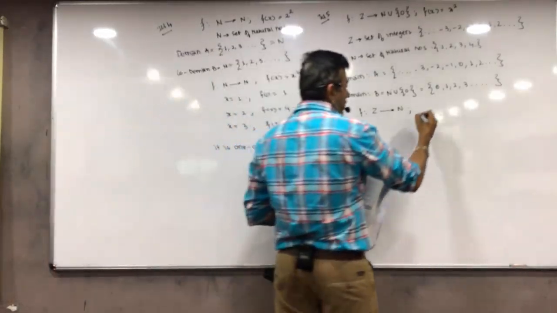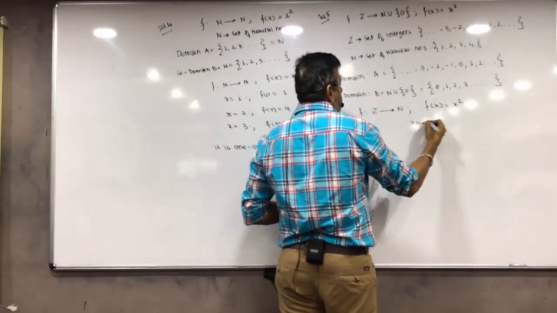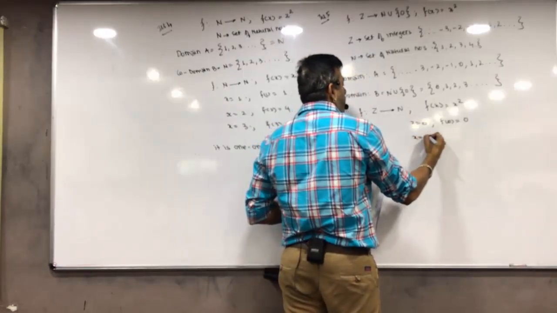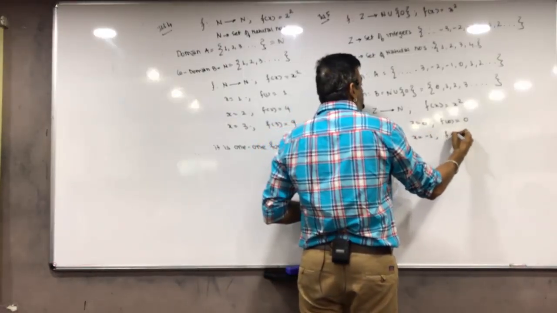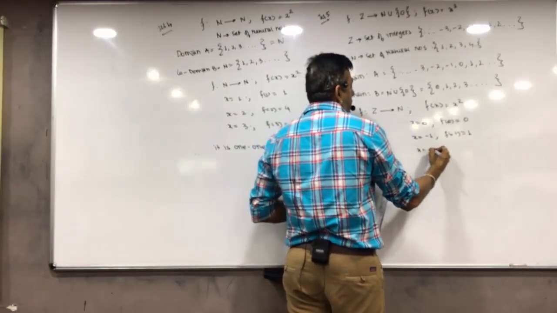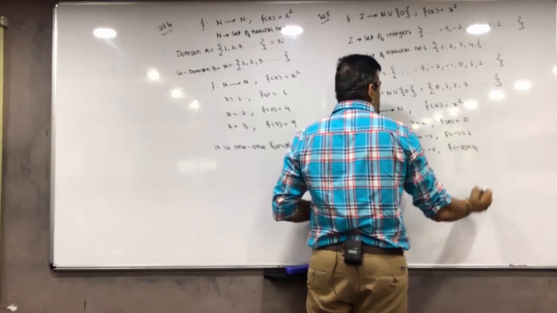Very simple. Can you solve it now? f of x is equal to x squared. So x is equal to 0, f of 0 is equal to 0. X is equal to minus 1, f of minus 1 is equal to 1. X is equal to minus 2, f of minus 2 is equal to 4.